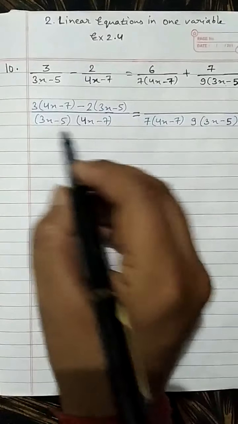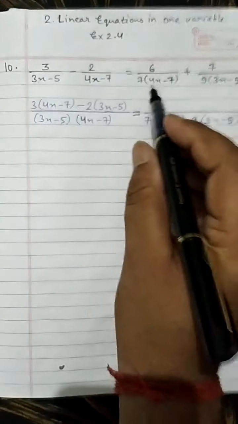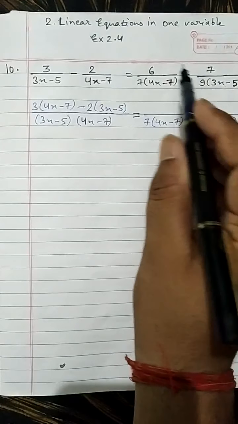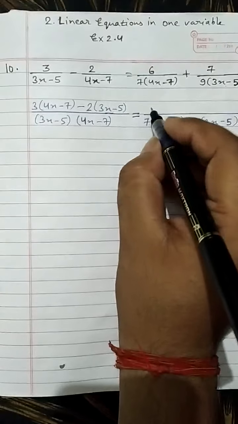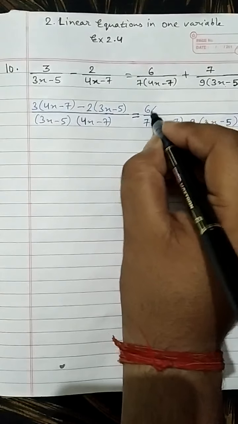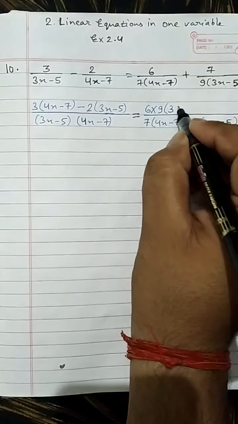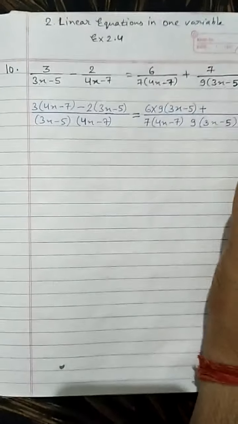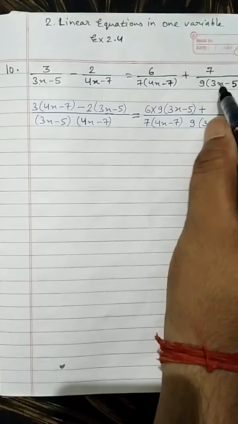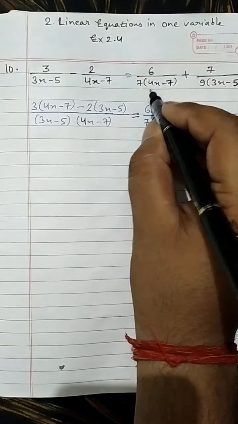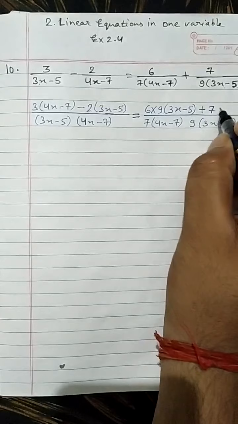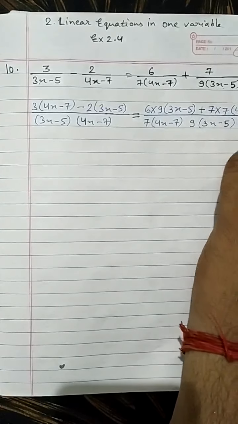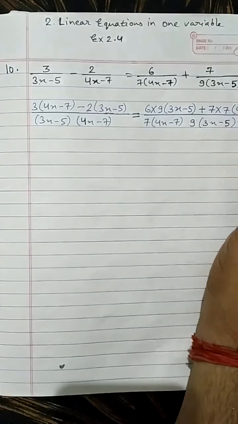Now similarly this LCM will be divided by this, we get this, and this value will be multiplied to 6. We'll put here 6 multiplied by 9(3x minus 5), plus sign will be here. Again this LCM will be divided by this, we get this, and this will be multiplied to 7. We put here 7 multiplied by 7 and 4x minus 7 inside the bracket.